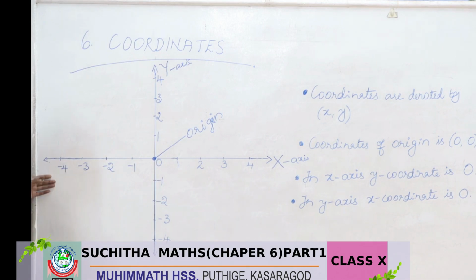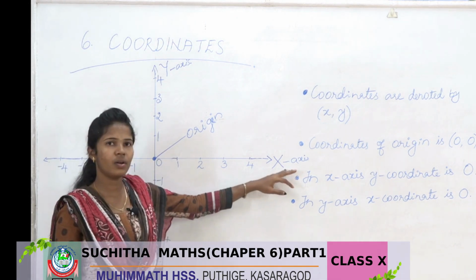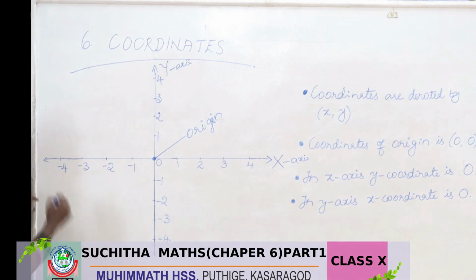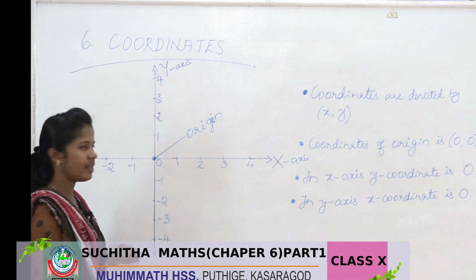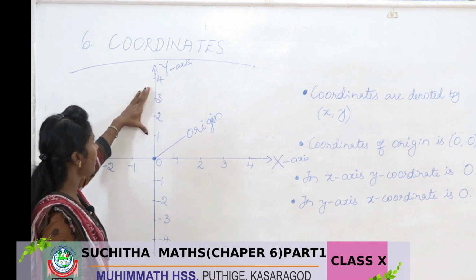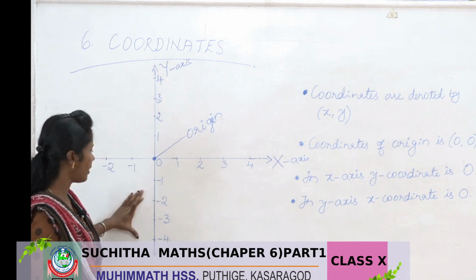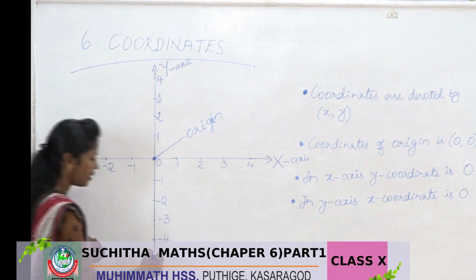The positive part is represented as x, and the negative part is represented as x dash. The vertical line is the y-axis, and the positive part is represented as y, and the negative part of the y-axis is represented as y dash.